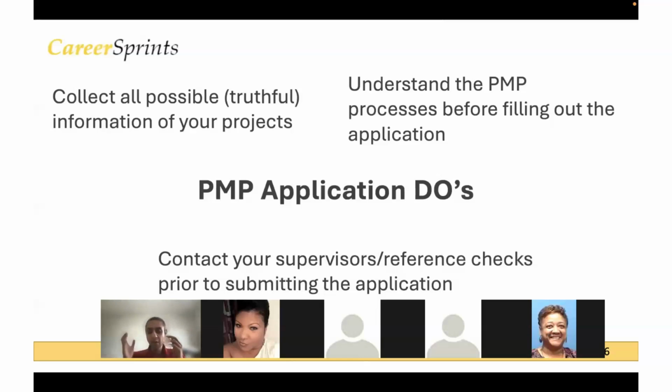Even if that person doesn't work in the same company anymore, it's fine. They just need someone to verify what you've done, right? So contact your supervisor for your reference checks prior to submitting the application, so that you're able to pass the audit.